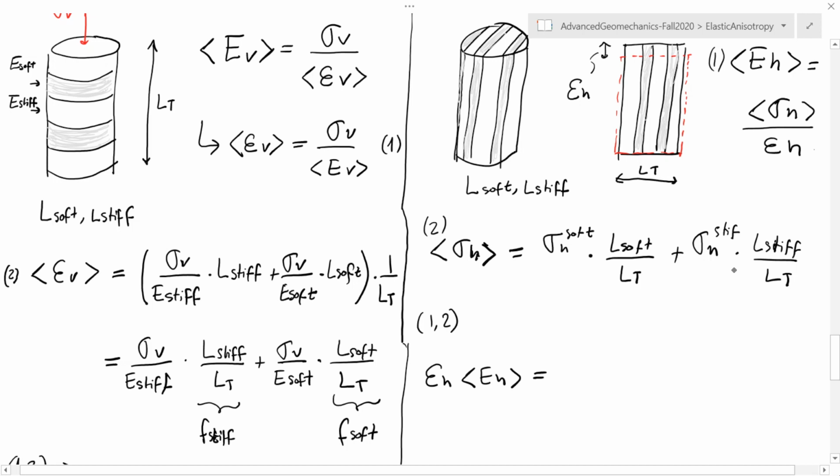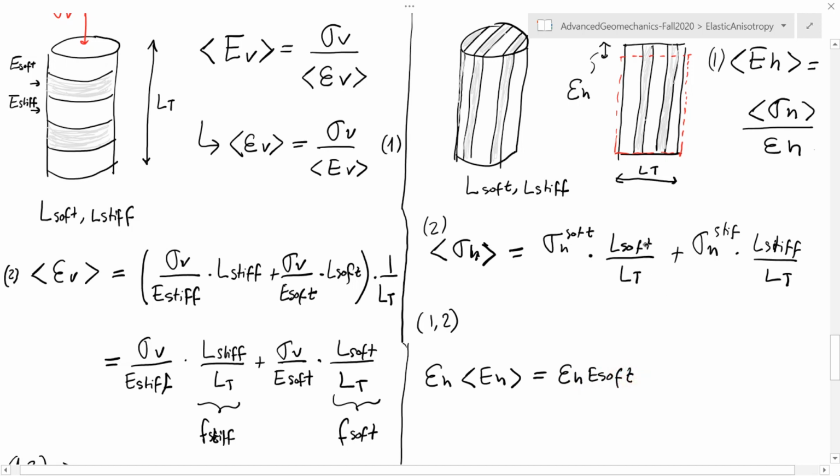Okay, before I do that, I'm going to calculate what those sigmas are, the sigma of the soft part and the sigma of the stiff. Notice that since the strain is the same in each of these layers, they have a Young modulus, sigma h soft is going to be proportional to EH times the Young modulus of the soft part.